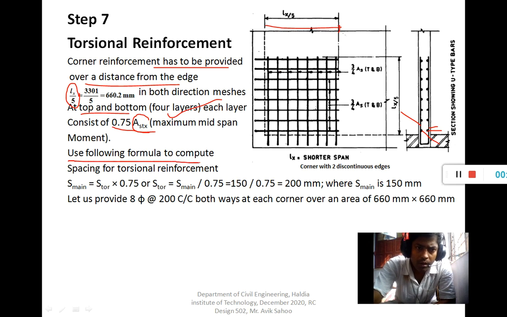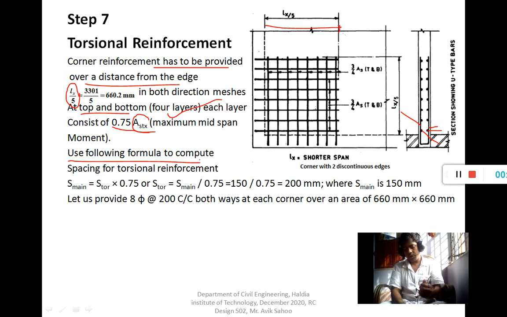Now we find the spacing of the torsional reinforcement, which is used in 4 layers.